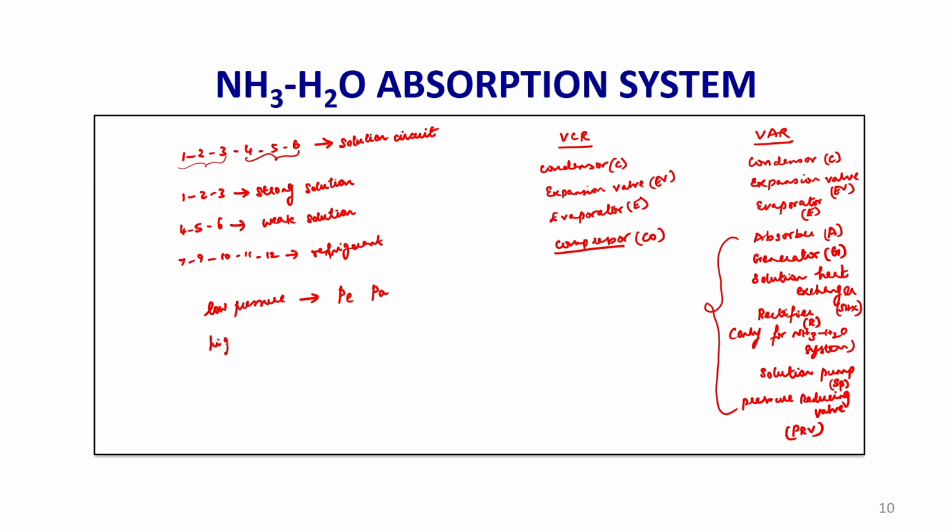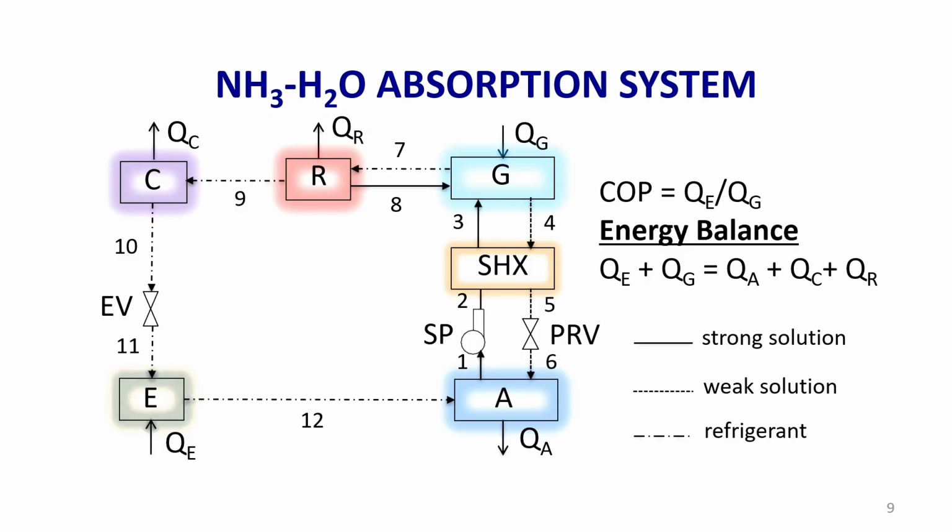High pressure: condenser and generator. The absorber pressure will be equal to the evaporator pressure, and the generator pressure will be equal to the condenser pressure. So, it is a 2 pressure system only. In this case, the rectifier will also be at higher pressure. So, these 3 are at higher pressure, these 2 are at lower pressure, and there is an expansion device which separates the high pressure region and the low pressure region.